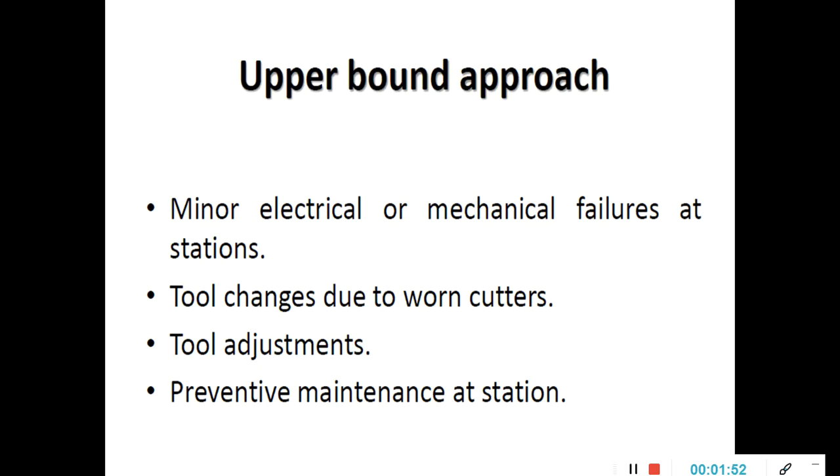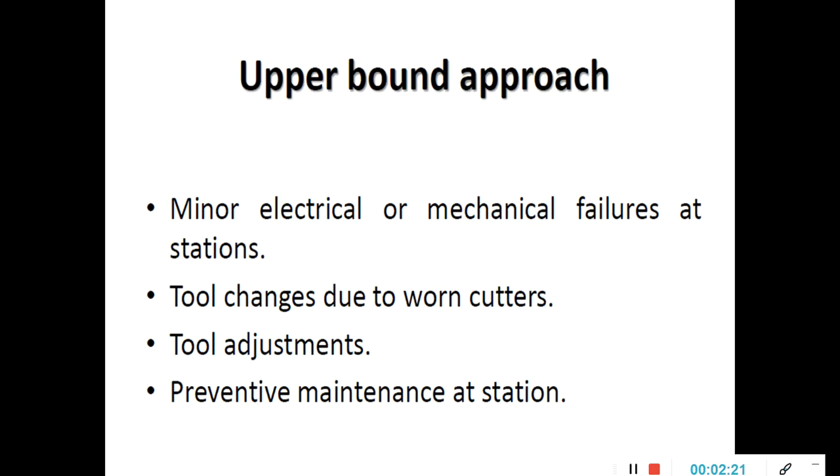It means that the breakdown may happen for other reasons. It may be an electrical problem, a mechanical failure, a tool may get blunt, there may be some tool adjustments, or any maintenance problem. So all these reasons are not related to the work part. There is no damage to the work part.